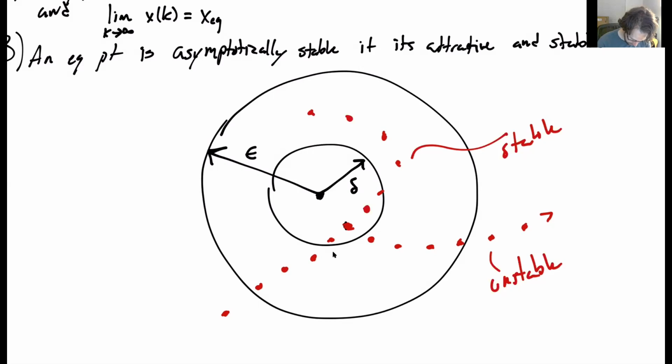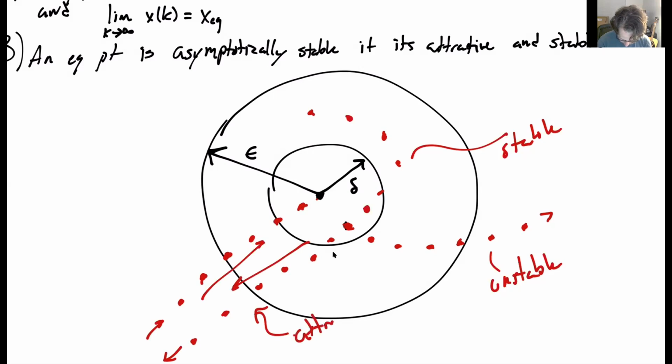So let's say it grows out, can't show that it's bounded, but we can show that at the infinite point, it converges to the equilibrium point there. Okay, so it grows this way and then comes back this way. This could be an attractive solution.